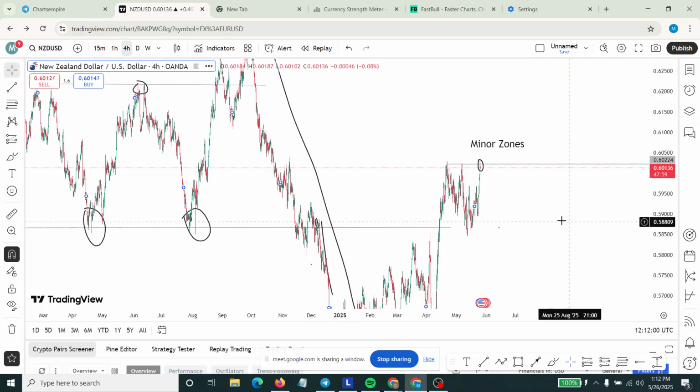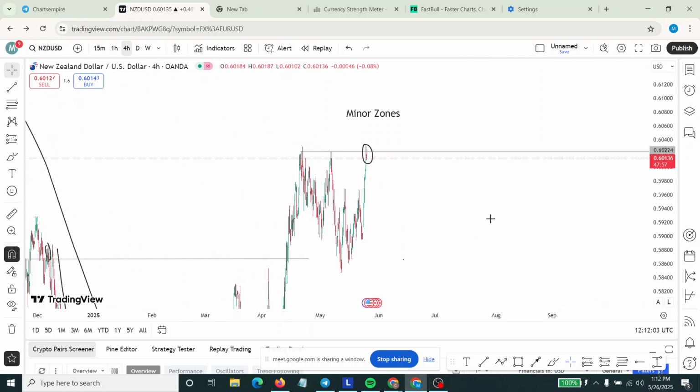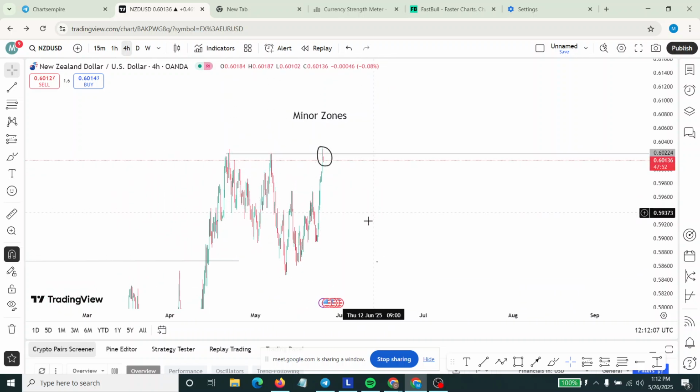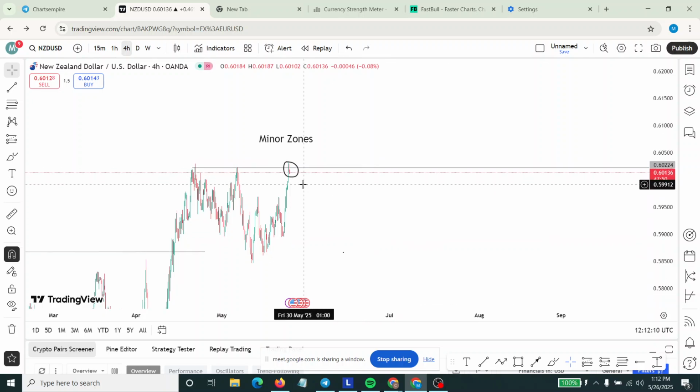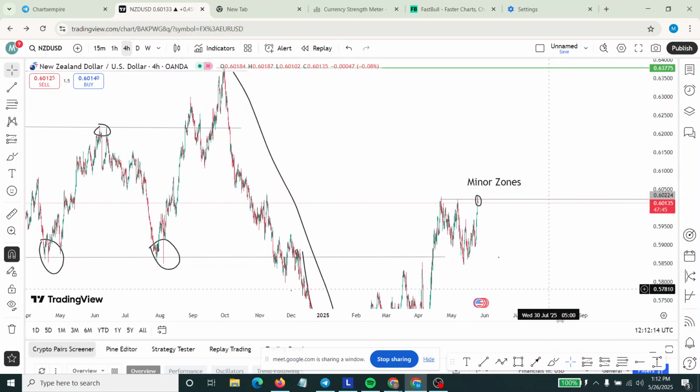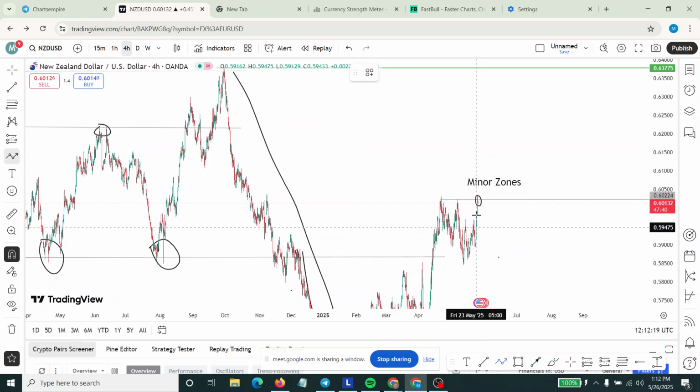So the reaction we are seeing here is the buyers are unable to break this particular zone. We can see uptrend continuation only if the buyers break out of this zone. It's a minor resistance, right? Because we've had at least two touches and now we are currently on the third touch.